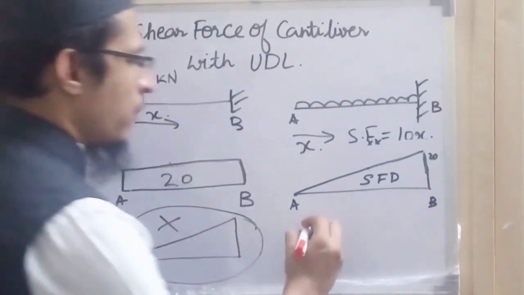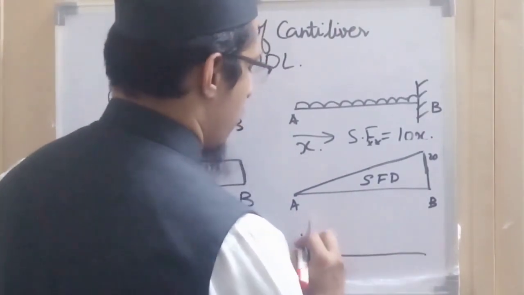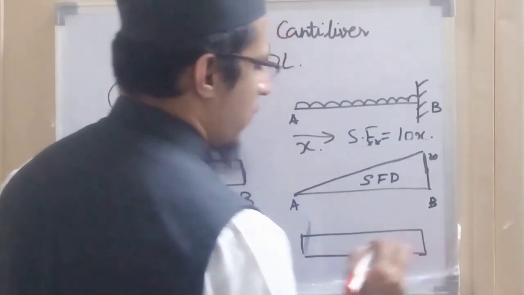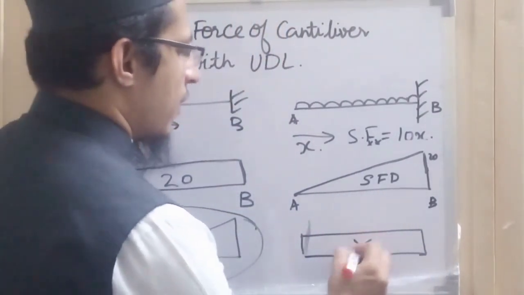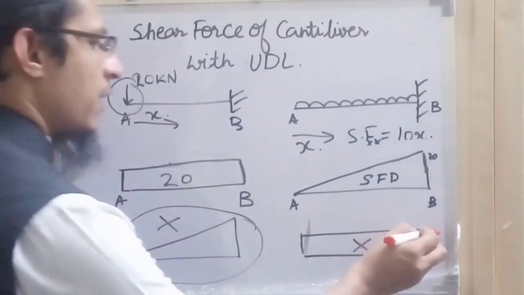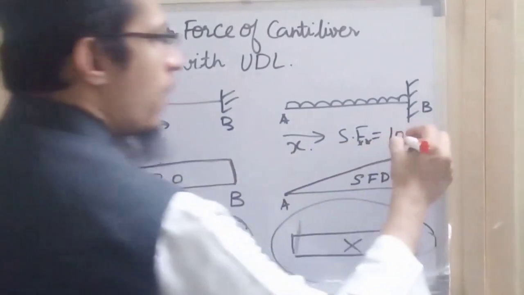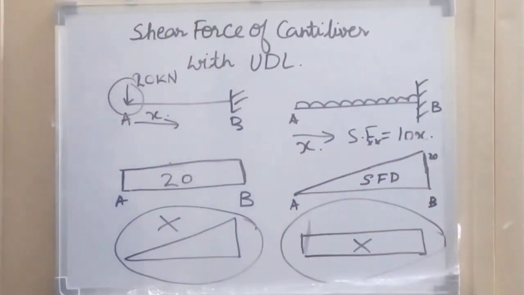Or in case of UDL, if he has drawn the shear force diagram in this form, then we can directly say that this shear force diagram is wrong without checking any calculation. So in this way, depending upon the form of the equation, we can directly check what should be the shape of the shear force diagram.